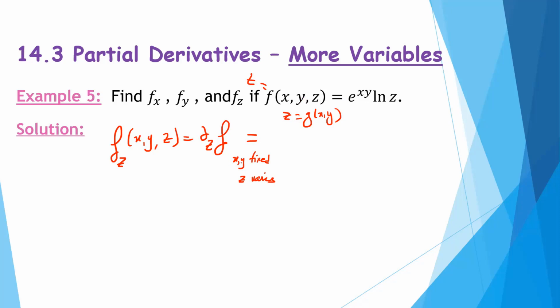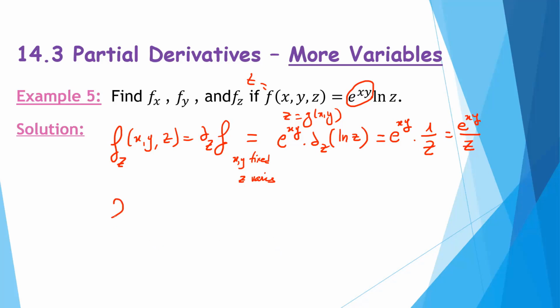So keeping x and y fixed, z varies. What do you think about this exy in terms of z? It is a constant, so it stays in the product, exy, which doesn't change, times dz of ln z. What is the derivative of ln z in terms of z? 1 over z. So this is the partial derivative with respect to z.